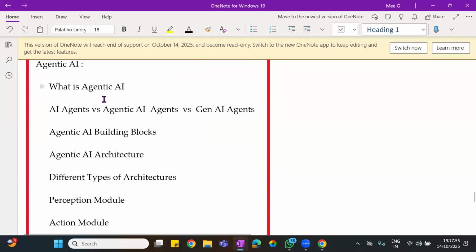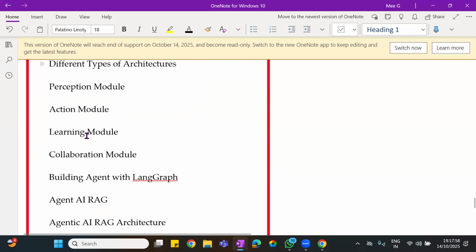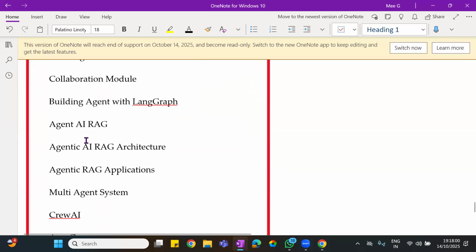Now agentic AI, we are going to see a course about agentic AI with agents, AI RAG, agentic RAG architecture.